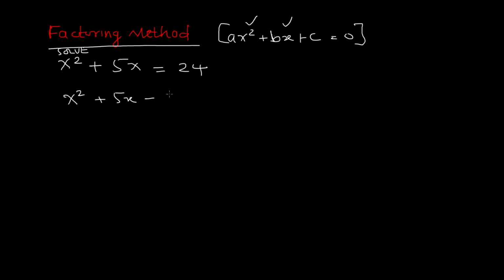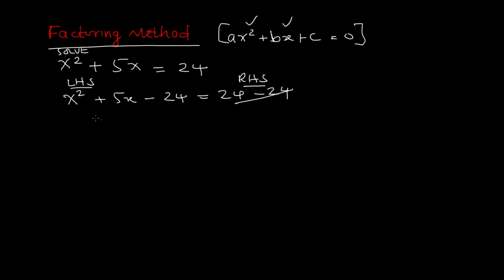Then what do we do with this? We said that we seek to balance the equation. So this is the left-hand side, and this is the right-hand side of the equation. What we do on the left-hand side is what we need to do on the right-hand side.